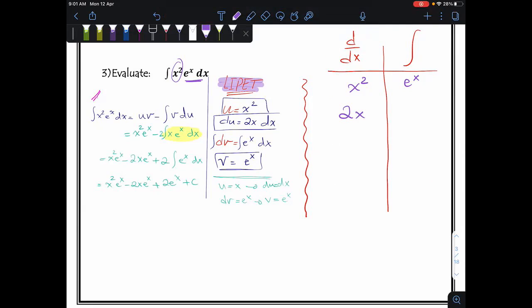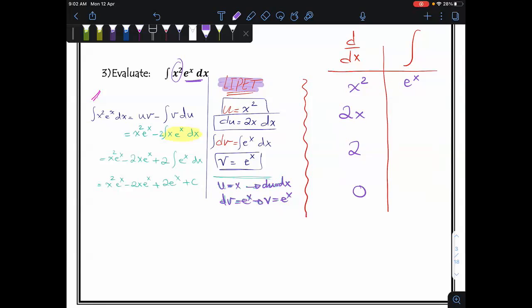Differentiate again: 2x. What's the derivative of 2x? 2. And then what's the derivative of any constant? 0. The derivative of 2 is 0. Excellent.